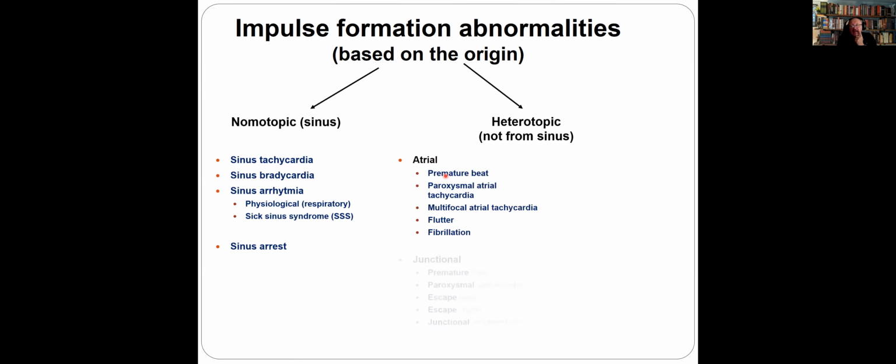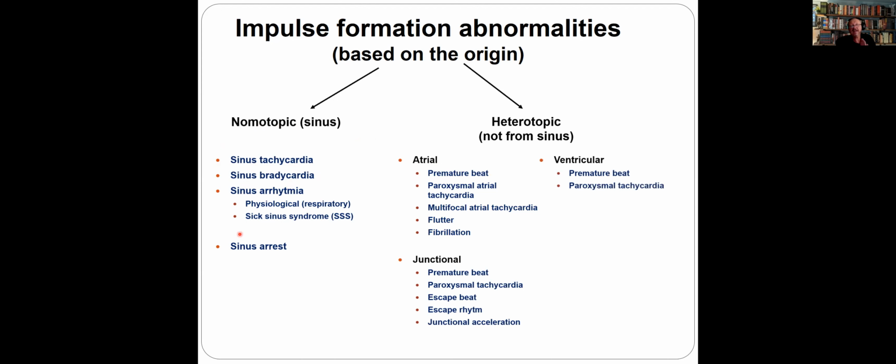Now, this is very important because, as you see here, not every area of the heart can cause every kind of arrhythmia. For example, the sinus and the junction have a special type of tissue, nodal tissue.